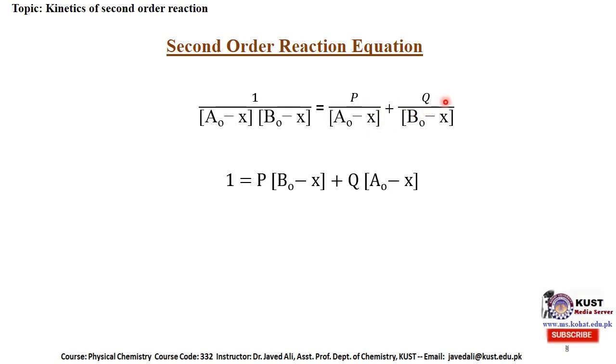Similarly for q, b naught minus x will cancel with b naught minus x. So we will get the equation 1 is equal to p into (b naught minus x) plus q (a naught minus x).